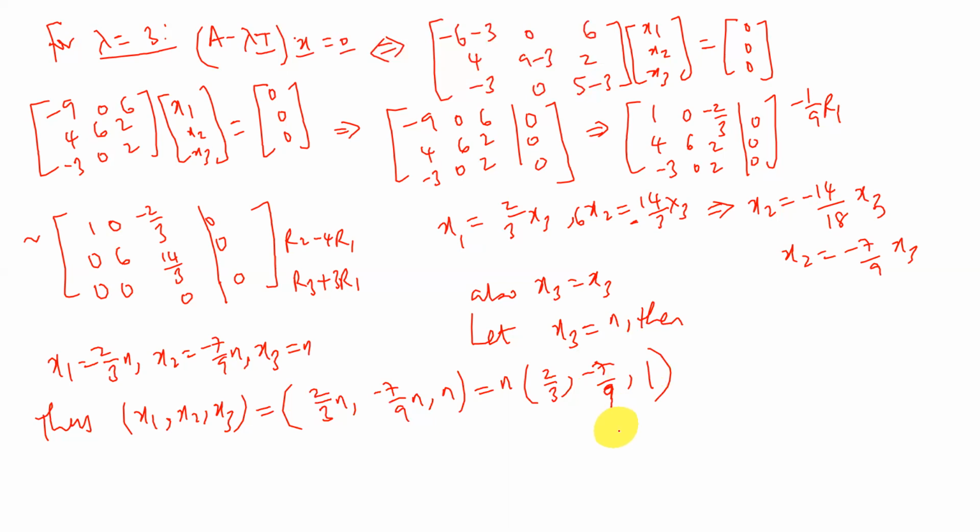If you pull out 2/3 out of this, 1, and what does this give us? Minus 7/6, and then this one, 3/2.